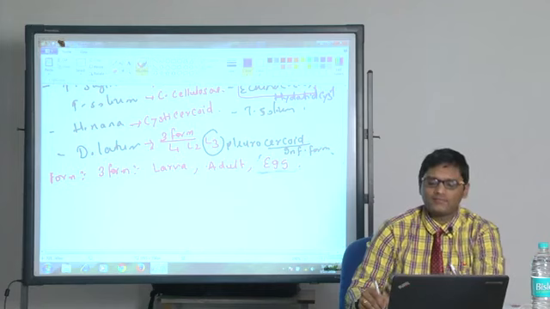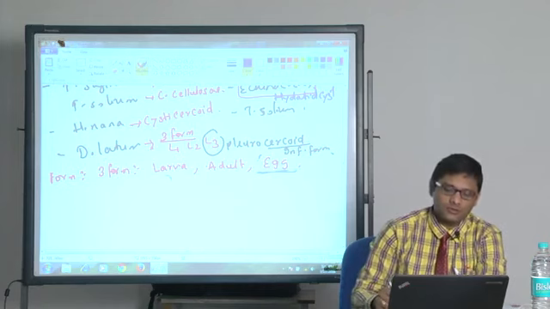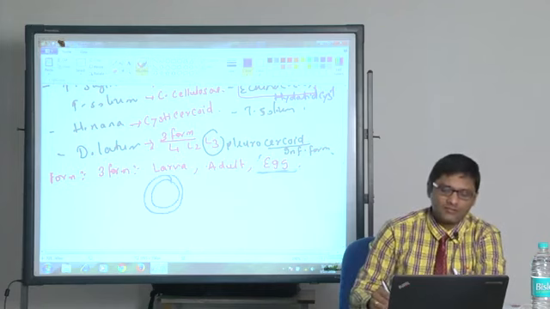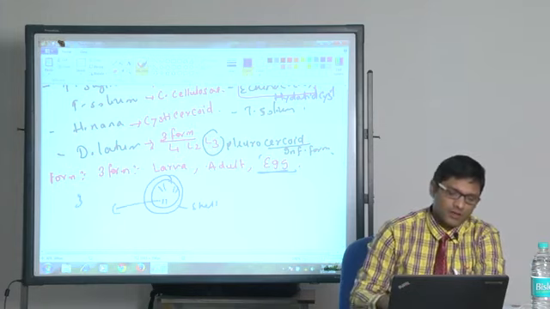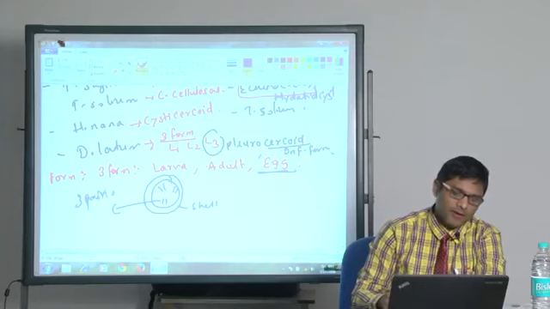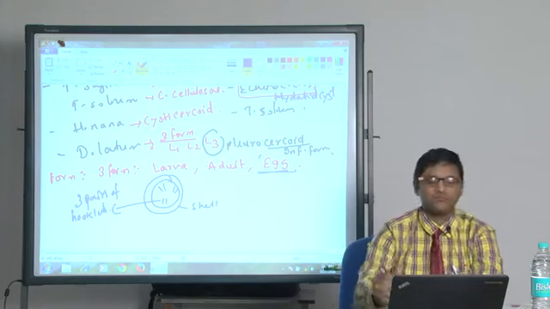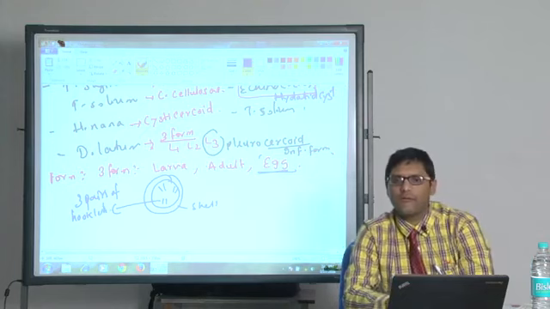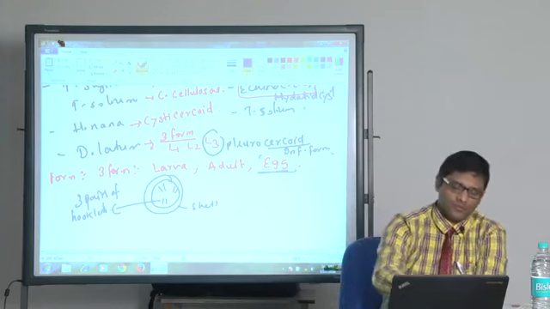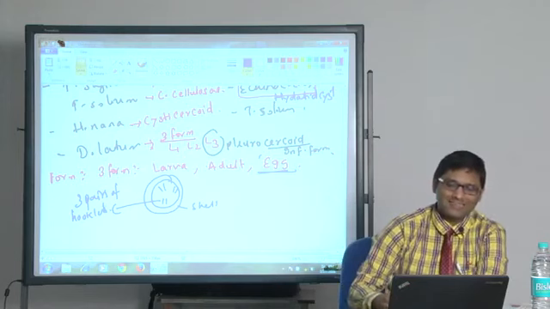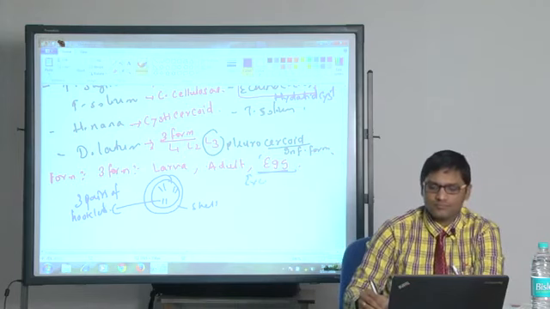Coming to egg, most of the cestodes have an egg shell and they have three pairs of hooklets. Okay, except D. latum.